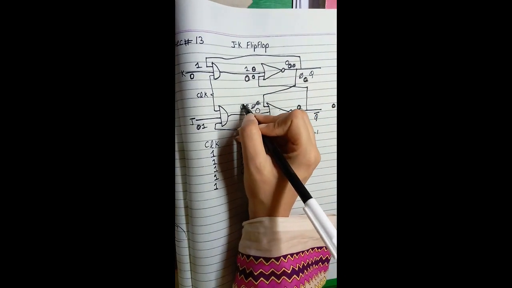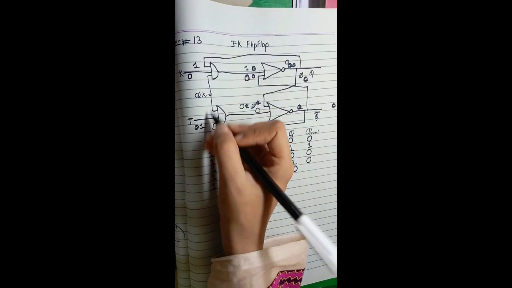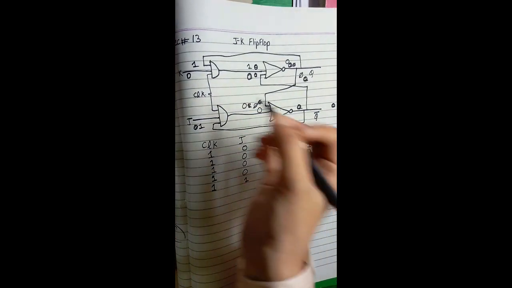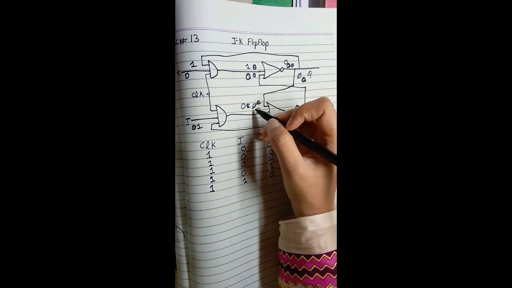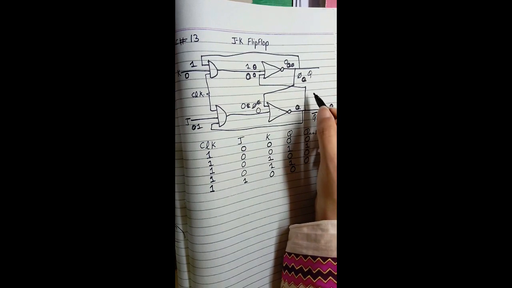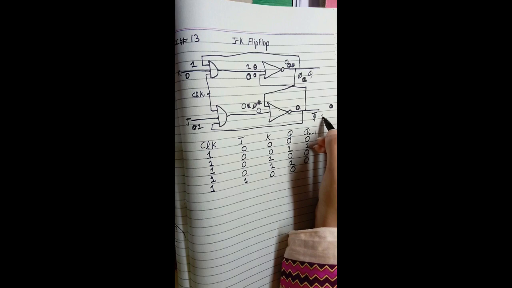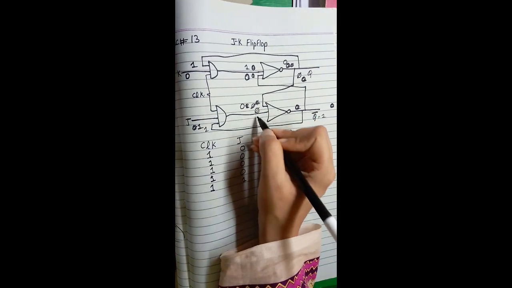Here we have 0. Okay, now we have 1 and 1. So we should know the other input, and for this we are imagining this input as 0. So it means its q bar should be the opposite of this. So this is 1. Okay.